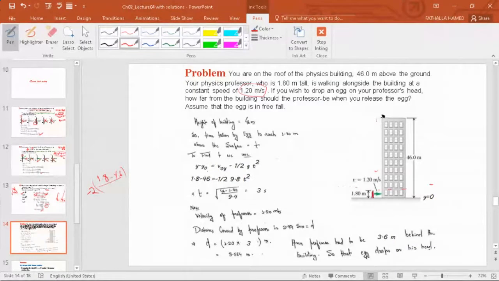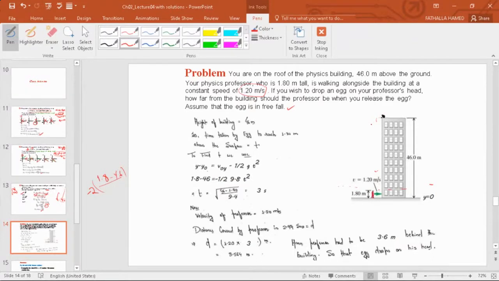If you wish to drop an egg on your professor's head, how far from the building should the professor be when you release the egg? Assume that the egg is in free fall. So the professor is trying to walk into the building. You are on the top and you're trying to drop an egg.